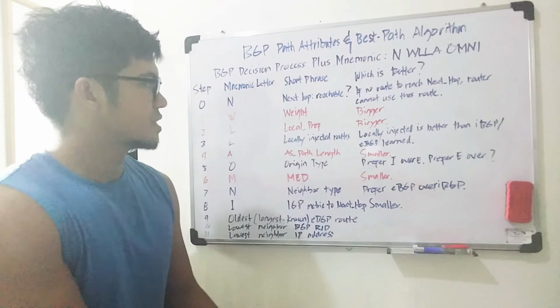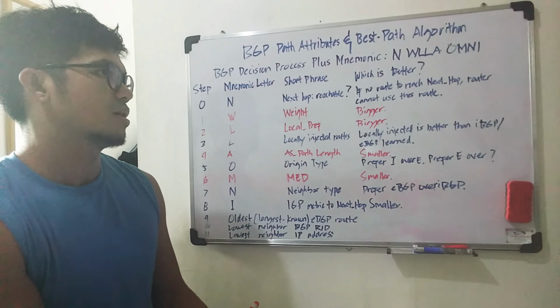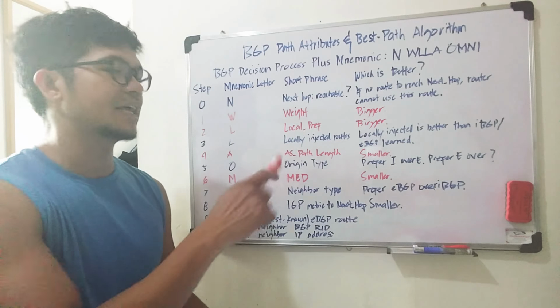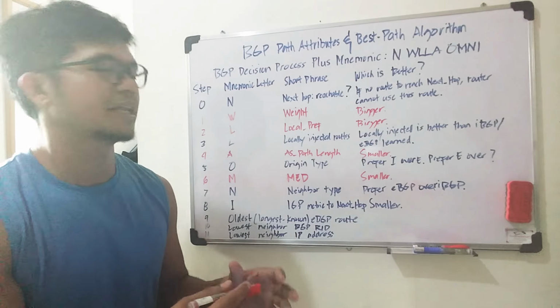By the way, if you use local pref to influence your inbound traffic, it is only communicated inside the single AS.